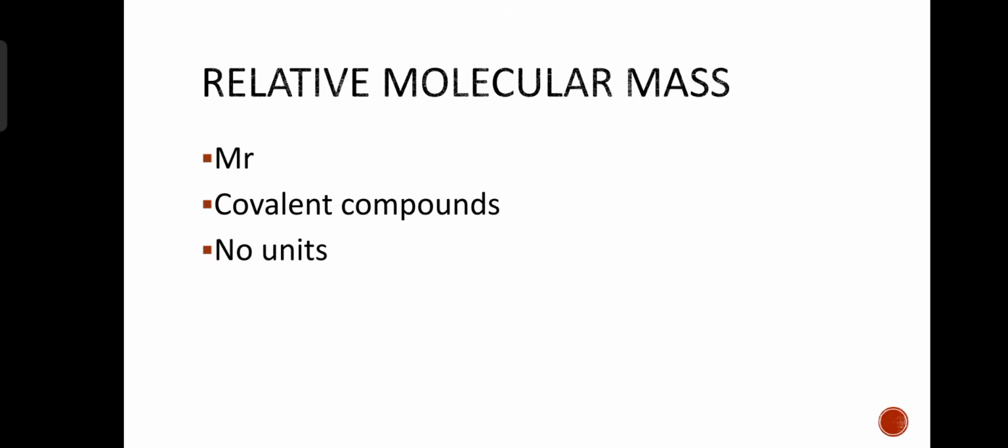As I have told you already, the term relative molecular mass is used for covalent compounds. And what is the symbol for relative molecular mass? It is Mr. M for molecular mass and r for relative, right? So many elements and compounds such as nitrogen dioxide exist as molecules.